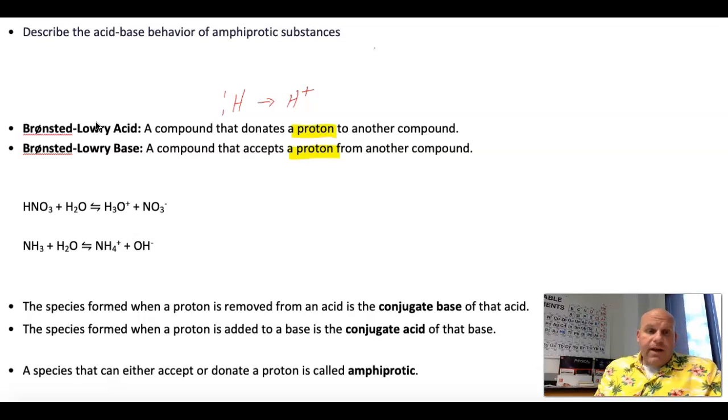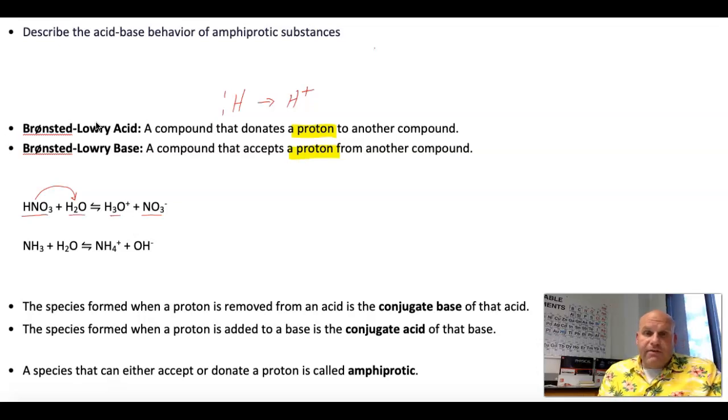As I look at my reaction here, I start with HNO3, and after the reaction that becomes NO3-. The HNO3 donated the H+, a proton, to the water, and the water then became H3O+.